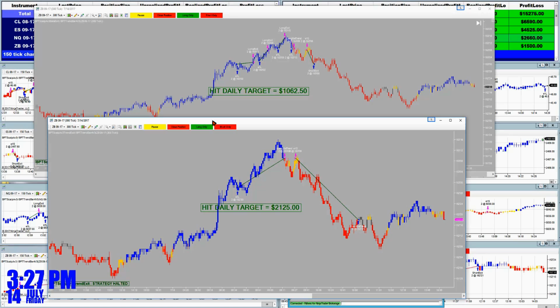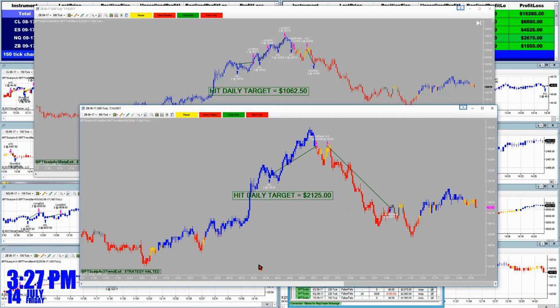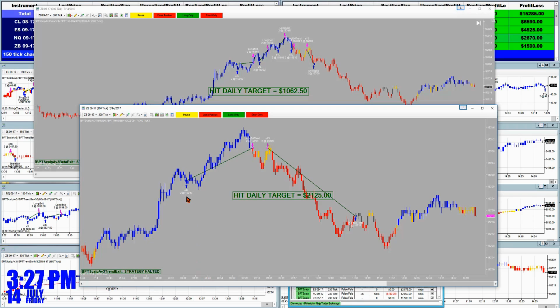It is the same auto trade with a different setting and different exits, but the entry is the same for both. Let's look at the entry. The entry is 152.30, and this one here is 153.